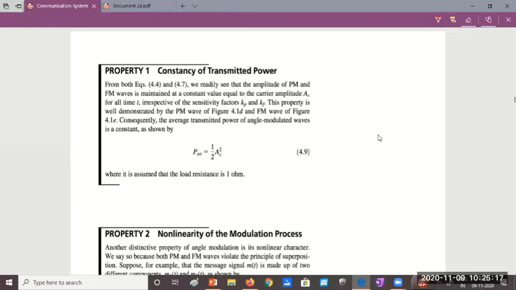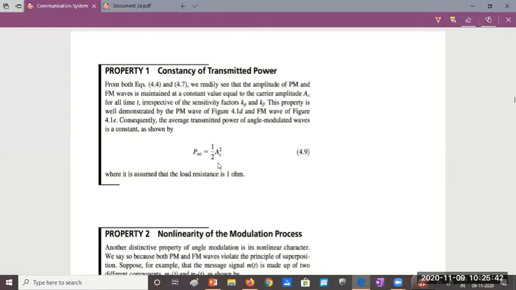So what would be the RMS voltage? If AC represents the peak voltage, the RMS voltage would be AC by root 2. And the power would be AC by root 2 whole square divided by R. So it would be AC square by 2R.